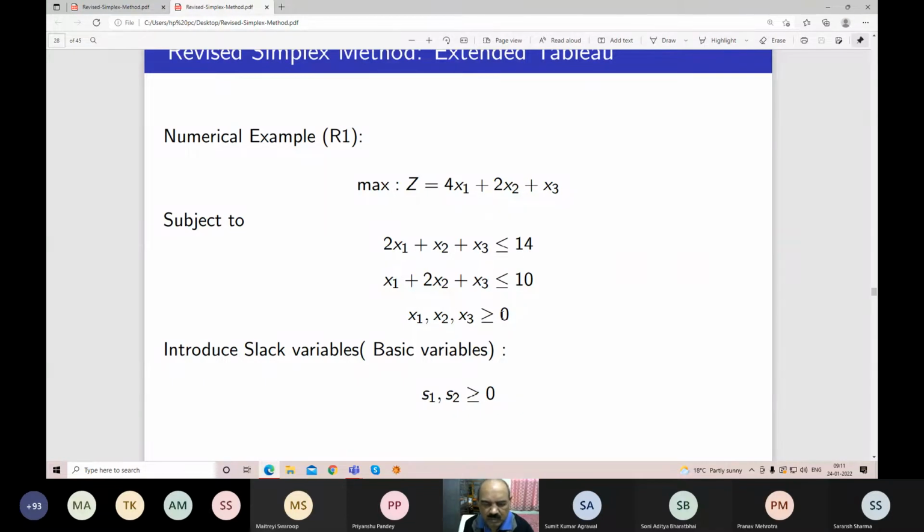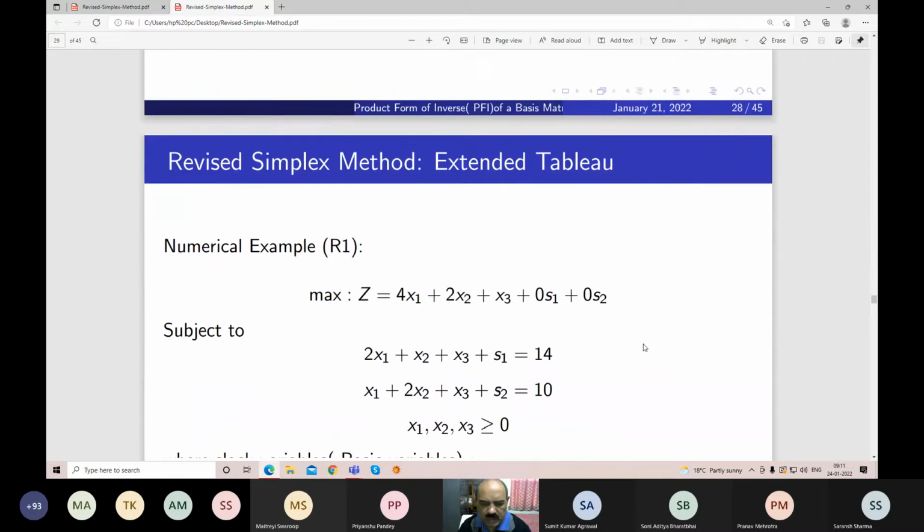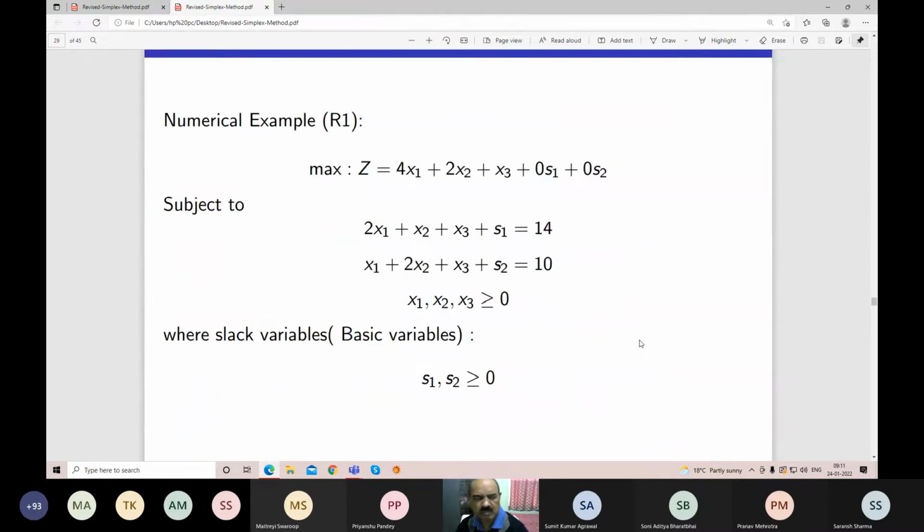Then we formulate a simplex table. Here, this is the problem you can see. Two slack variables S1, S2.